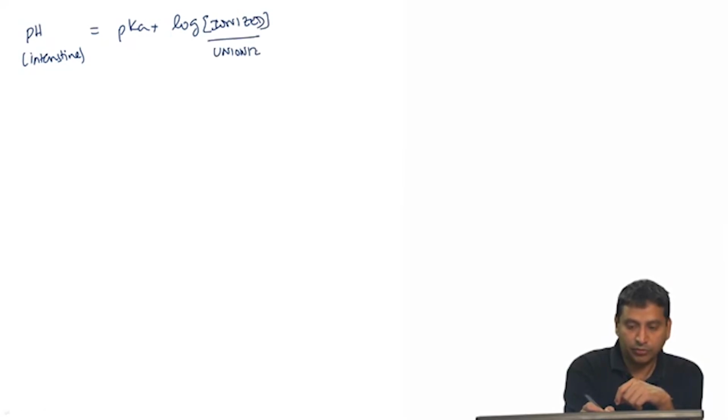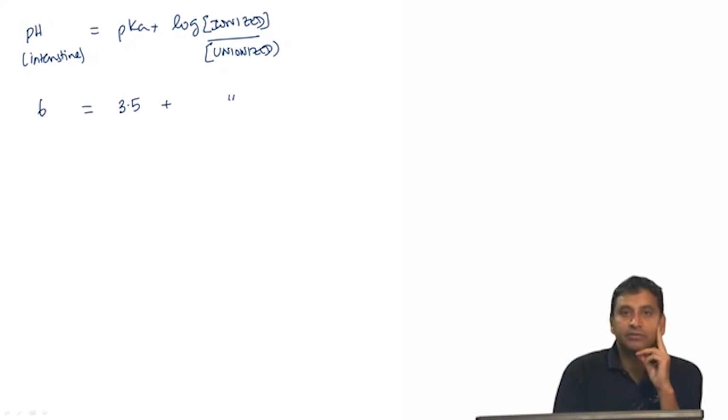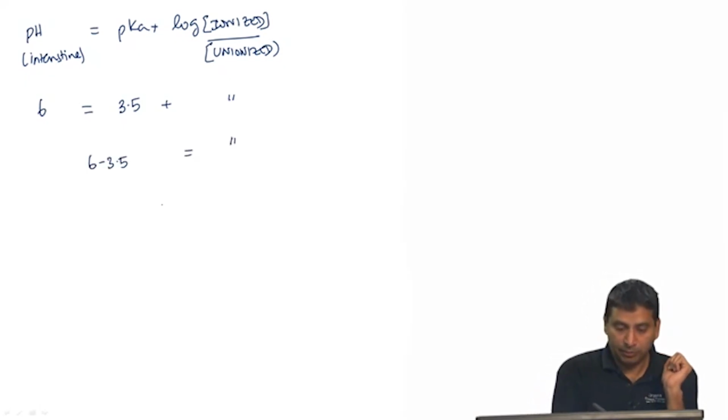This is what we know from the Henderson-Hasselbalch equation. Again, the numbers are pretty straightforward. This is 6 equals 3.5 plus this value, so it becomes 6 minus 3.5, which is 2.5.